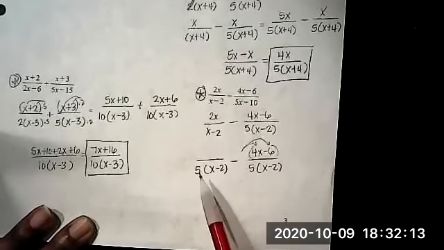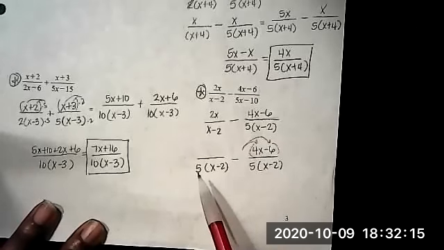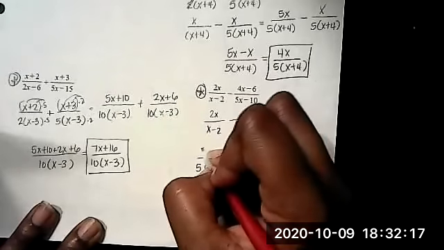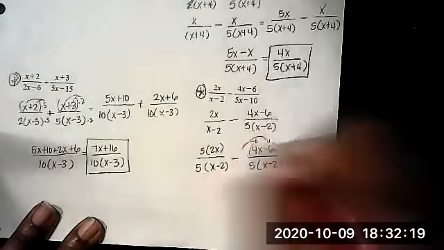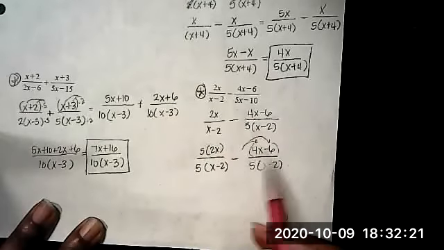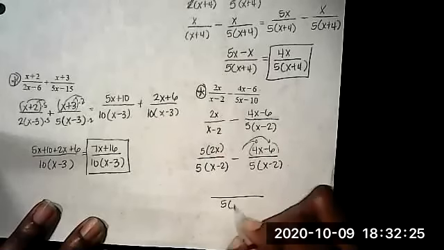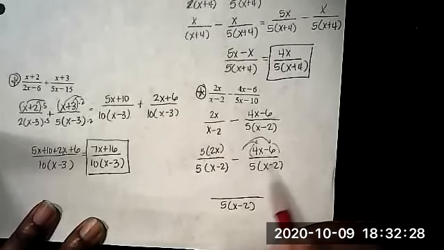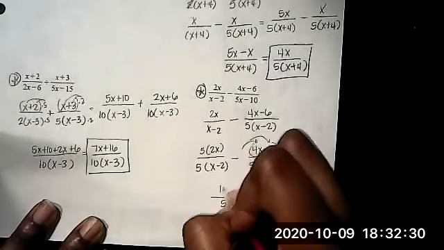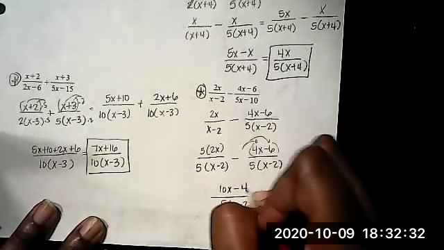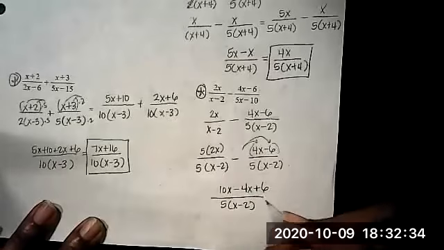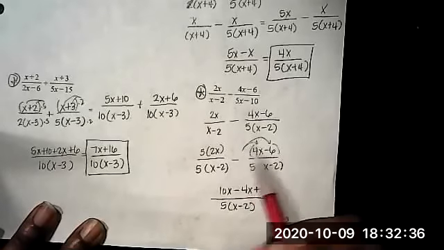And then this 5 here was added, so at the top, it becomes 5 times 2x, which becomes 10x. So distribute. So this 5x minus 2 is now the common denominator. This becomes 10x minus 4x plus 6. I can see people missing that a lot because they don't want to distribute that.